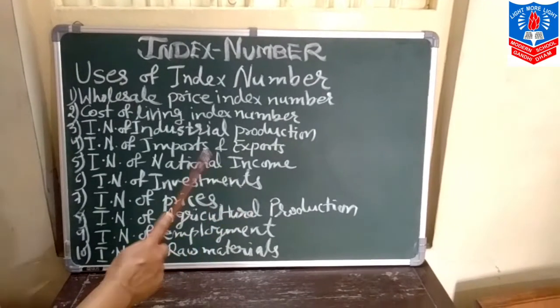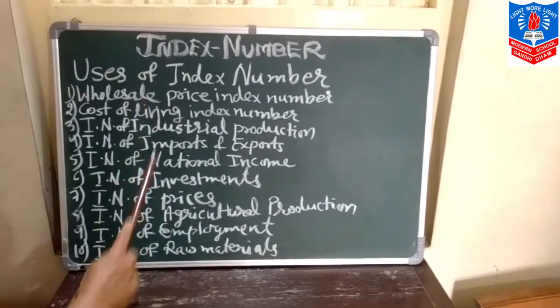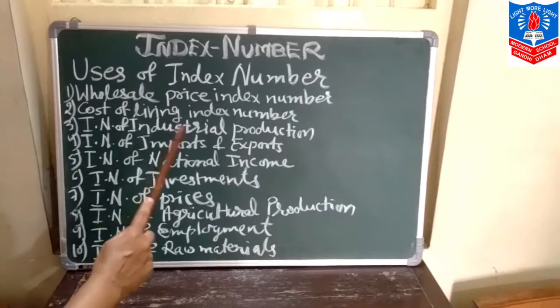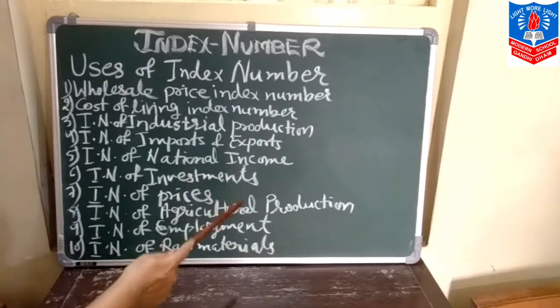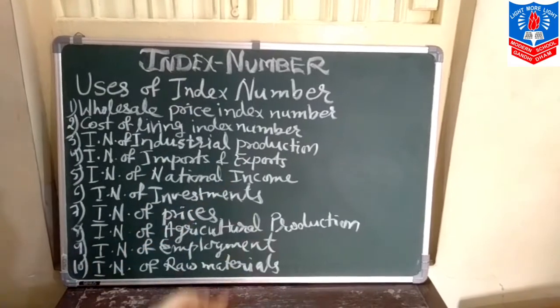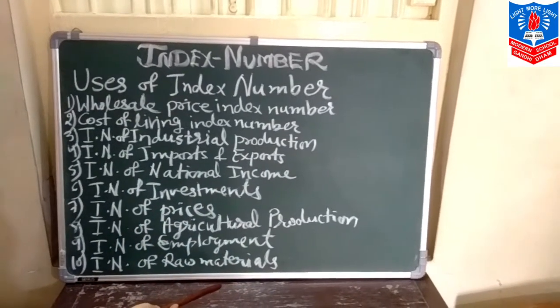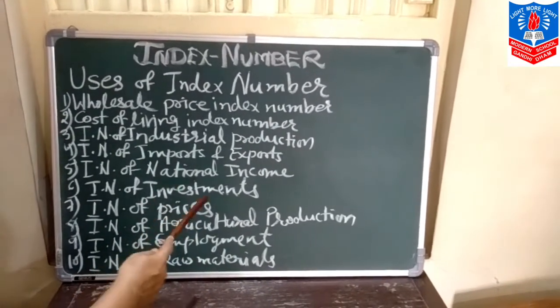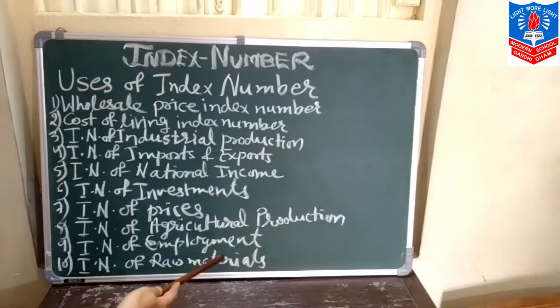Another important statement is that index number is called the barometer of economic activities of the country. It is connected with the uses, that's why I have taken it just now. Here we know what a barometer does.